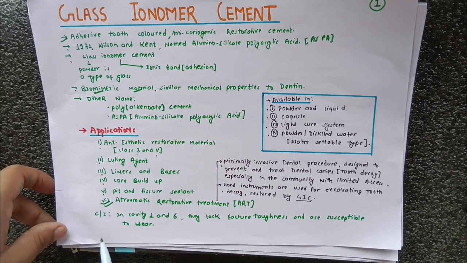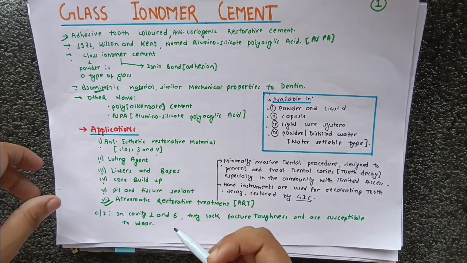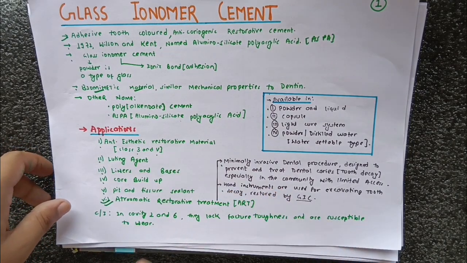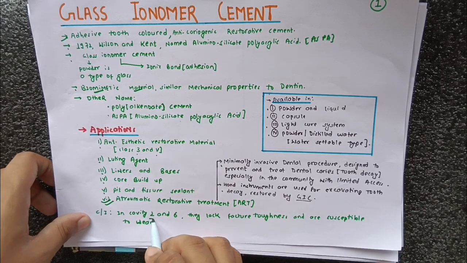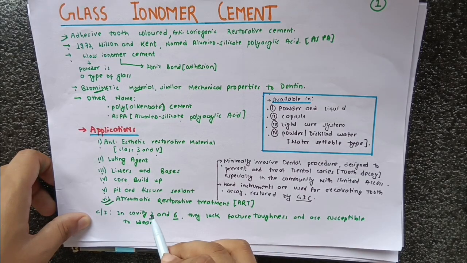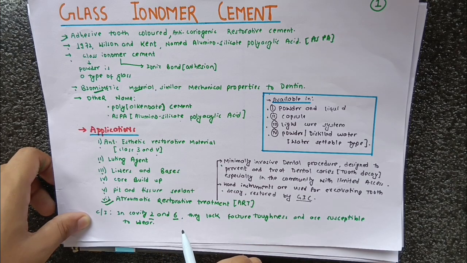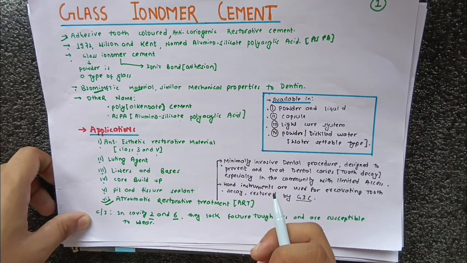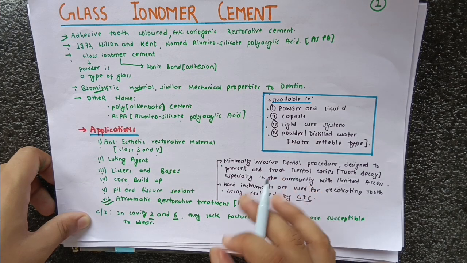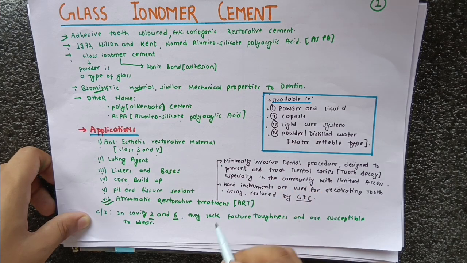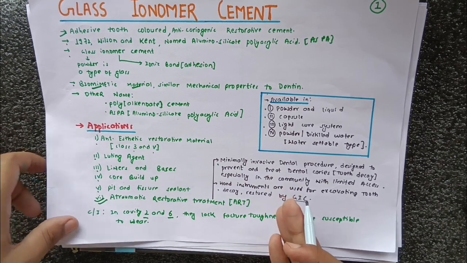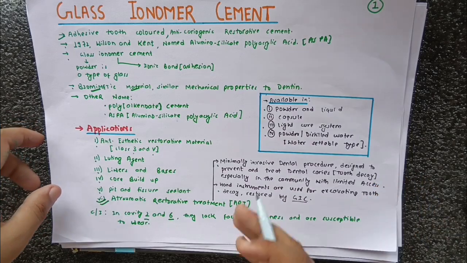After that, the contraindication. The cavities in which we shouldn't use glass ionomer cement are cavity number 2 and cavity number 6. In those cavities we require a stronger mechanical restorative material. GIC lacks fracture toughness and is susceptible to wear, so as it is not mechanically strong, we can't use it in those cavities.